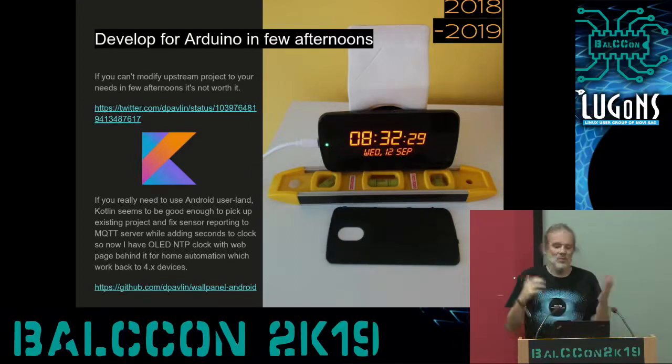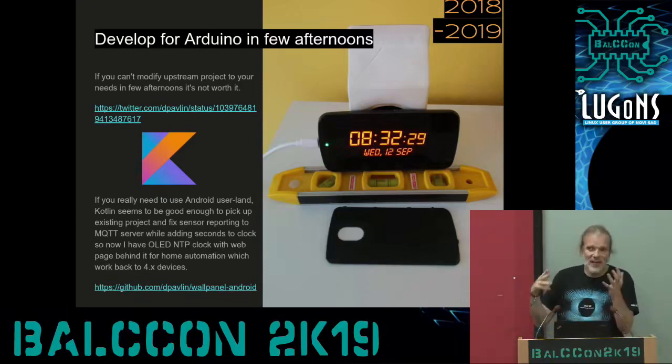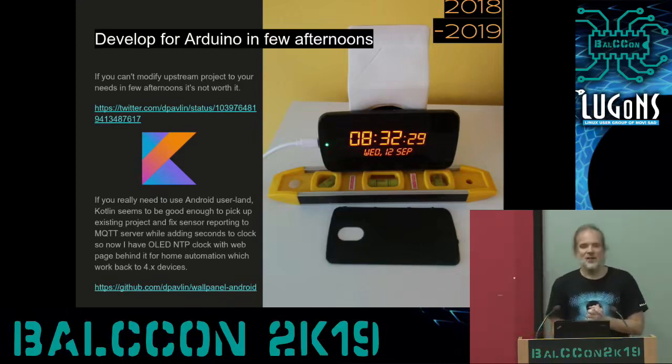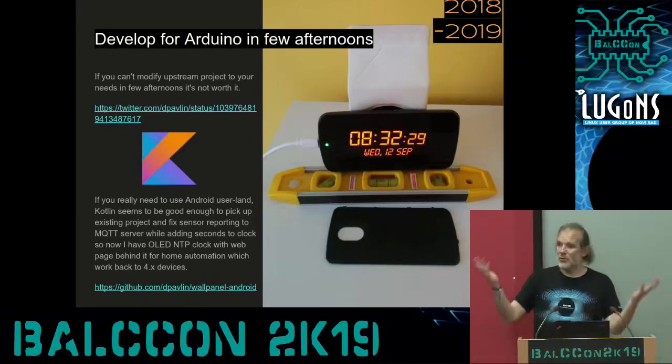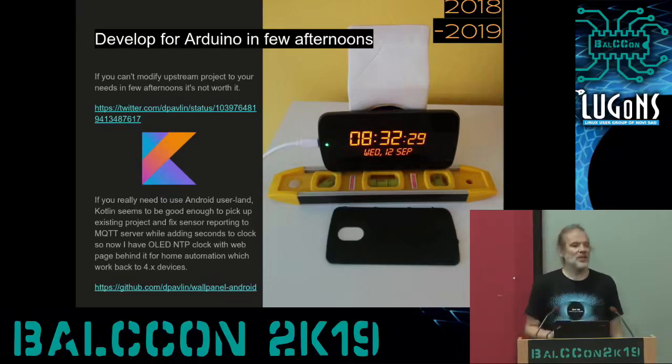And this is a beautiful use case for open source, which actually works, and for the state of Android development in Kotlin, because for the last 5 years I was unable to compile most of the projects from GitHub for Android. This project was an NTP-controlled clock, an Android application which has a clock on it, because I ran out of batteries on the real clock which is behind the cell phone.